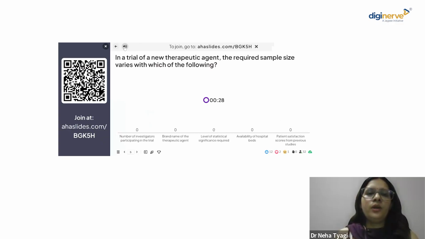In a trial of a new therapeutic agent, the required sample size varies with which of the following? The options are visible on your screen. Kindly mark the answer.